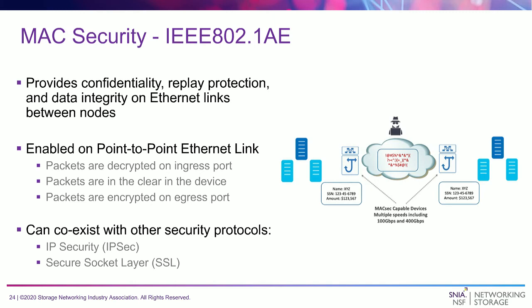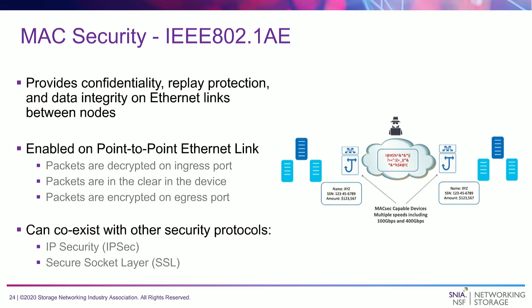If you have a router or switch, and you have a device that is not capable of doing encryption, you have the capability of providing it through the network devices. Now you will see the packets coming in the clear from the storage devices, from the servers. Then the network devices will be able to encrypt and send it out, and once it reaches the other device, decrypt it and send it on again in the clear.